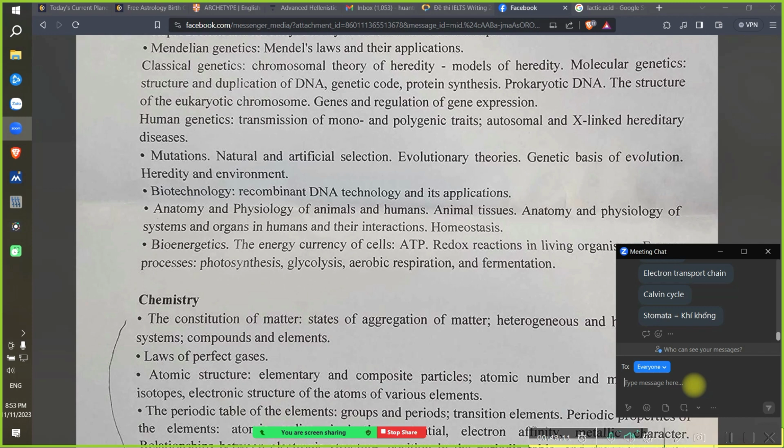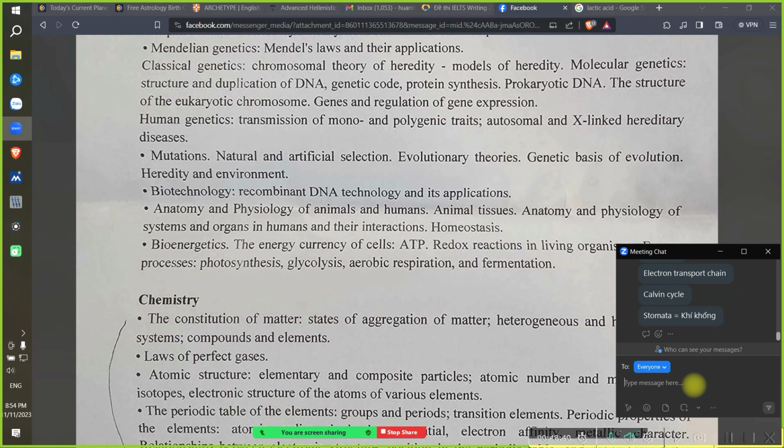So water and carbon dioxide enter the plant, and the plant releases oxygen. So photosynthesis happens in an organelle called chloroplast.